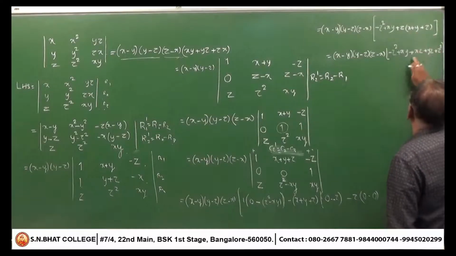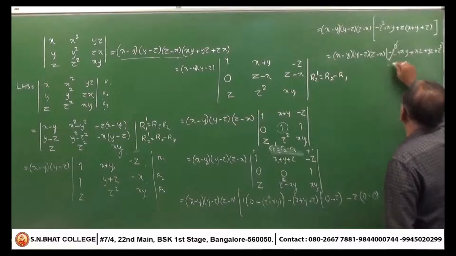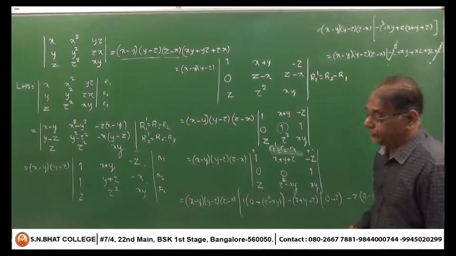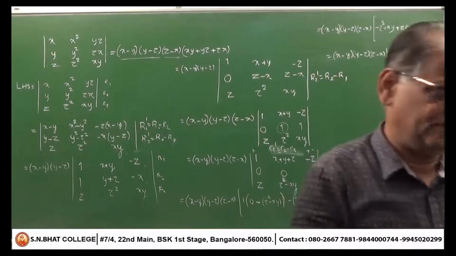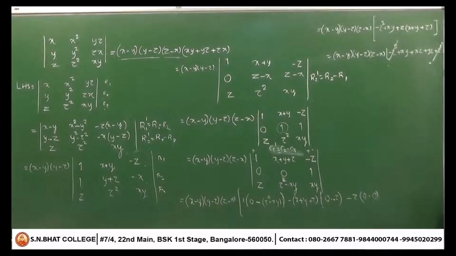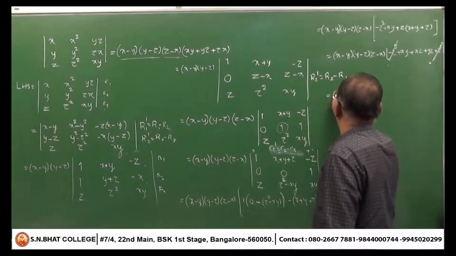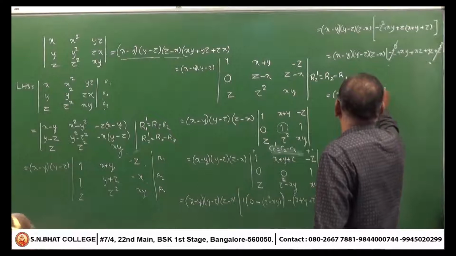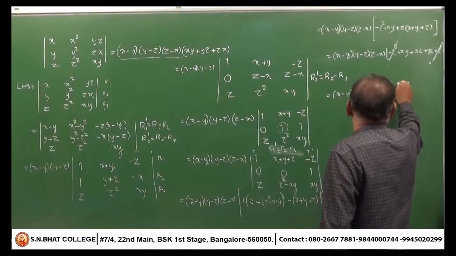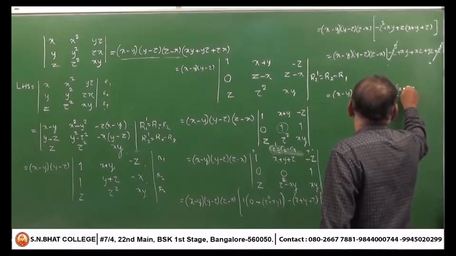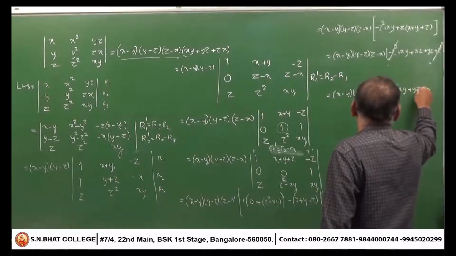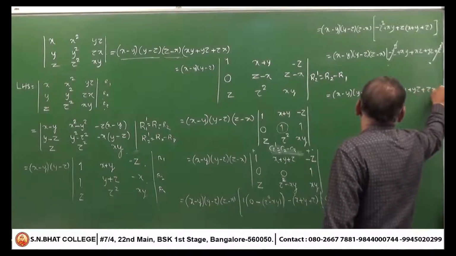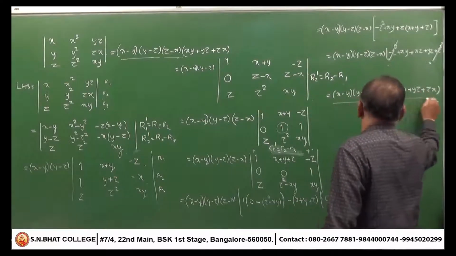Z into these three terms, minus Z square plus Z square get cancelled. Final answer is X minus Y into Y minus Z into Z minus X into XY plus YZ plus ZX. This is RHS.